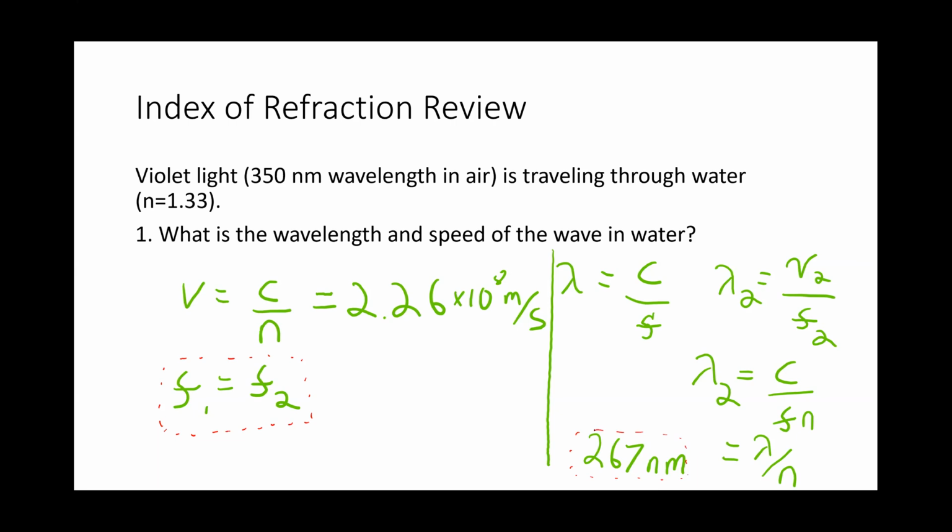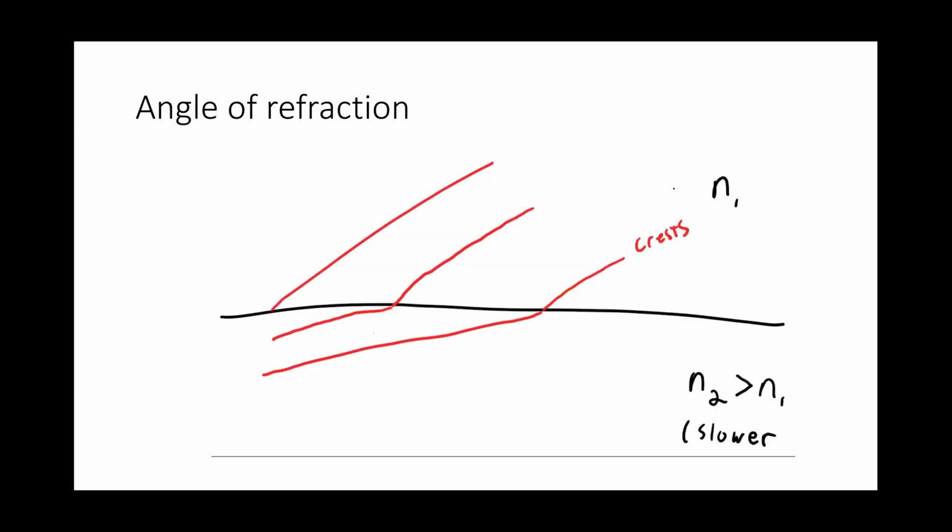What I want to talk about is how this change in wavelength from one medium to another means that light is going to end up bending. The idea is that if a wave is traveling at a barrier between two materials, let's say in this case that the second material has a larger index of refraction and is therefore slower for the wave, the wave crest is going to reach that medium and part of the wave is going to slow down while the other part is still moving at full speed.